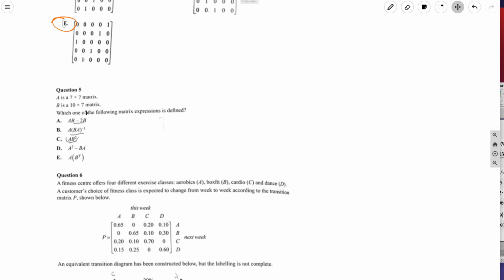Then A is a 7 by 7 matrix, B is a 10 by 7, which of the following is defined. This one's a bit annoying, you just have to test it. So with A, AB minus 2B. So AB would be 7 by 7, B would be 10 by 7, so already not possible, so that one's not defined, that one's out. A times the inverse of BA. So first of all, BA would be 10 by 7 by a 7 by 7.